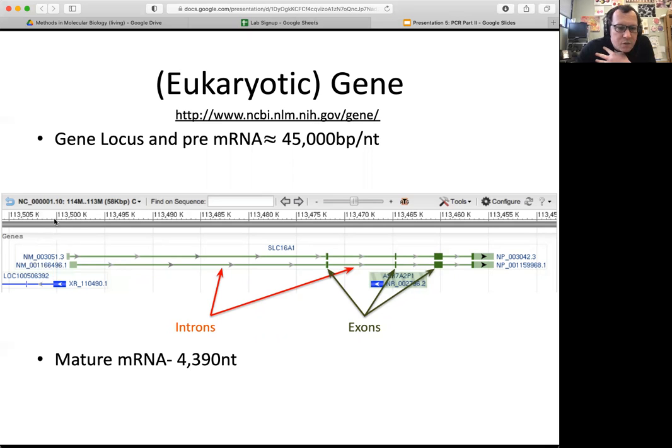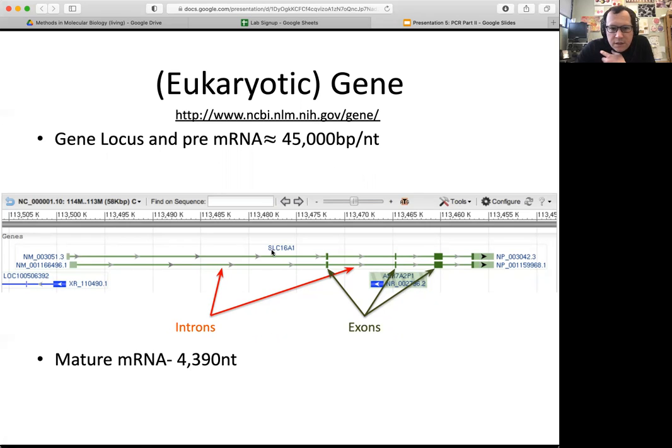Up here would be the promoter. What this shows you is the messenger RNA, or the RNA that's transcribed off of that gene, shown in green here. The promoter would be in the DNA, and then the RNA gets transcribed off of that. This whole big length, which is around 45,000 base pairs, is considered the pre-messenger RNA.